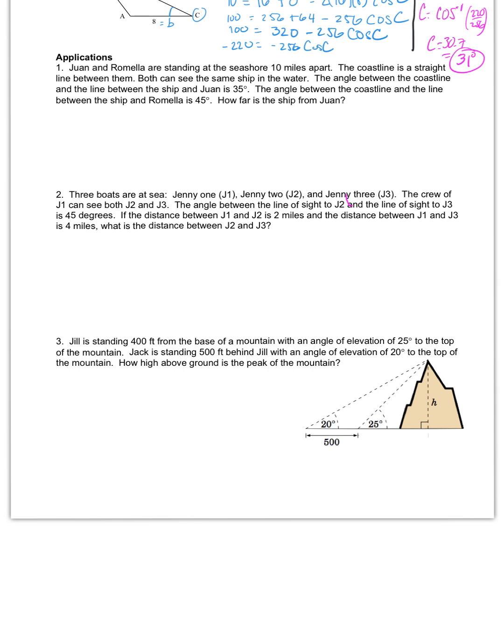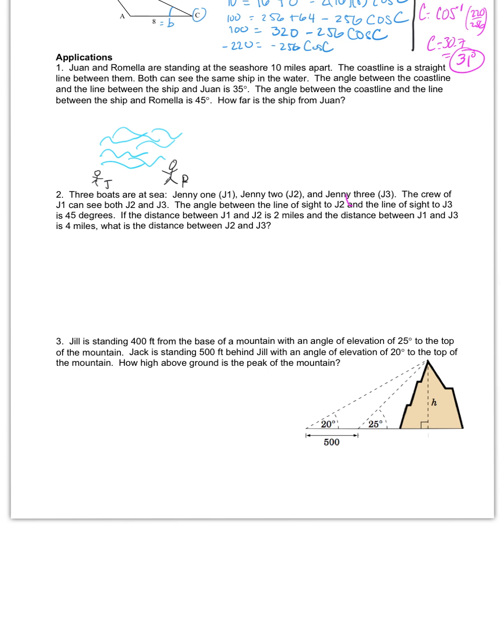Okay, the best thing to always do when you do these is draw a picture. So I'm going to draw a picture. I know it's kind of silly, but there's some water. Okay, here's my water. And so I have one person here, just standing here. And then here is Ramela.